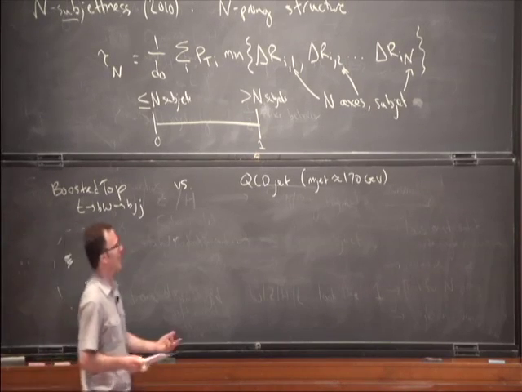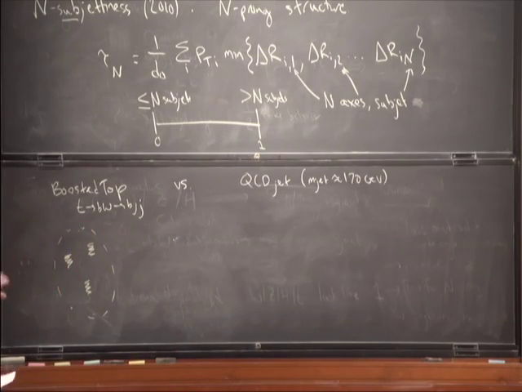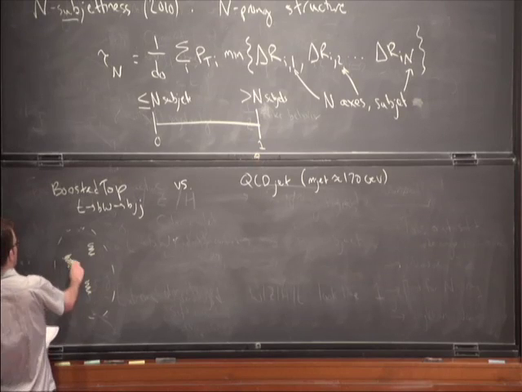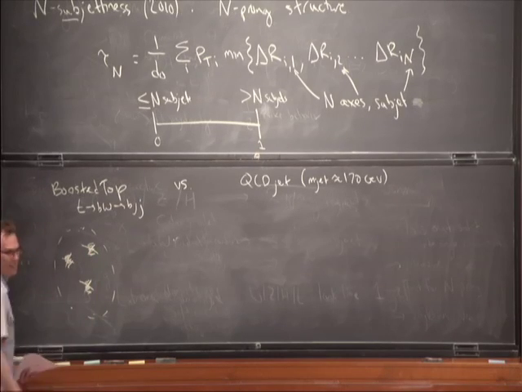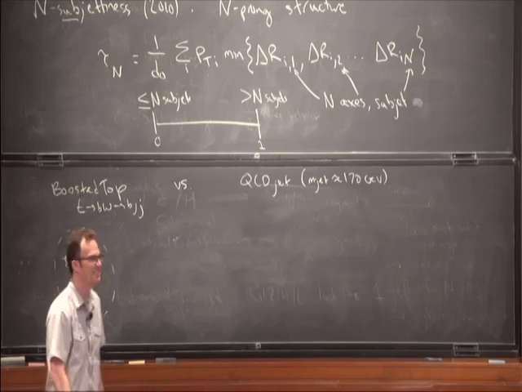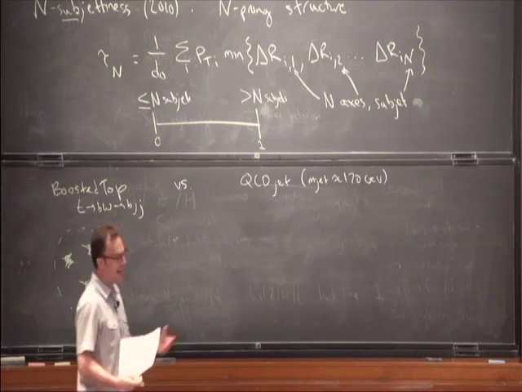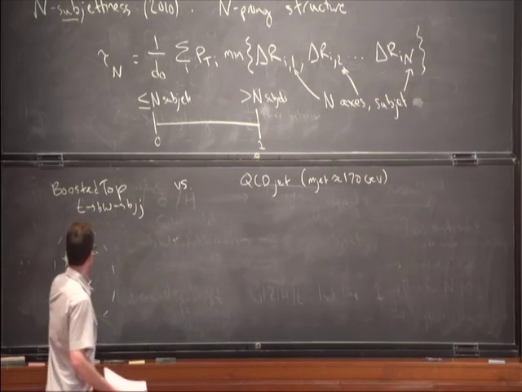So first, I need to choose n axes or n subjet directions. So, I don't know, I eyeball this thing and say, put the subjets here. You can imagine getting a bunch of your friends together, and you're given all the events of the LHC, and you just get to draw X's on each jet to figure out where the subjet axes are. Or you can have some kind of algorithmic procedure that specifies where they go.